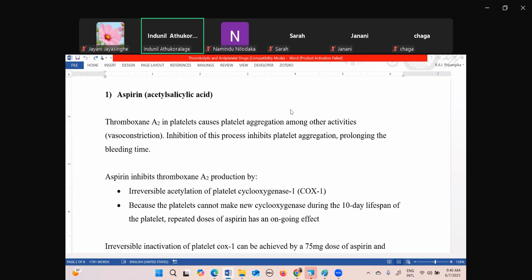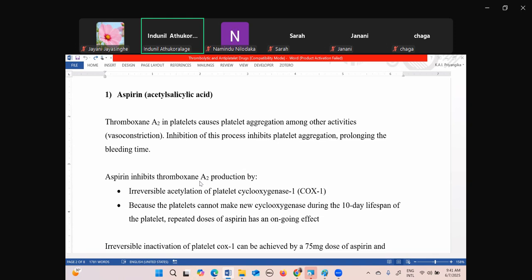So aspirin's mechanism of action, even for analgesic action, for antiplatelet, anything, is inhibiting the COX enzyme, especially COX-1. COX-1 is an enzyme responsible for production of thromboxane A2 and some prostaglandins as well. Thromboxane A2 is important for platelet aggregation.